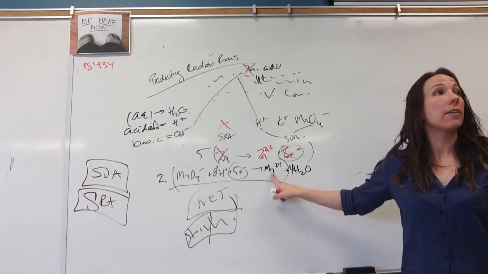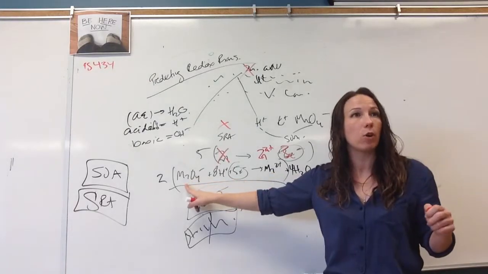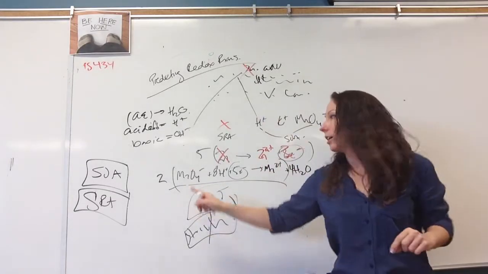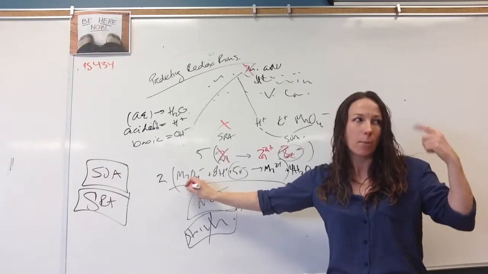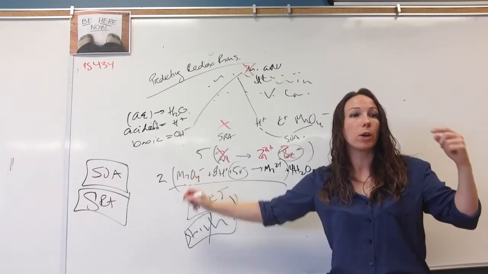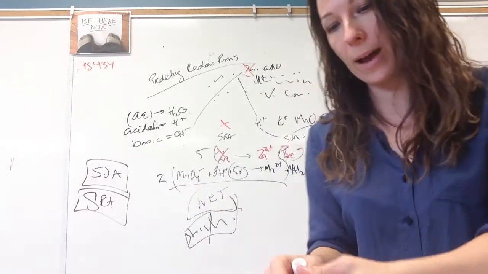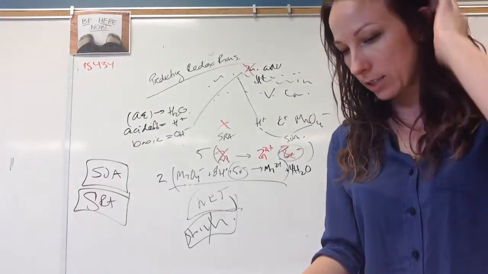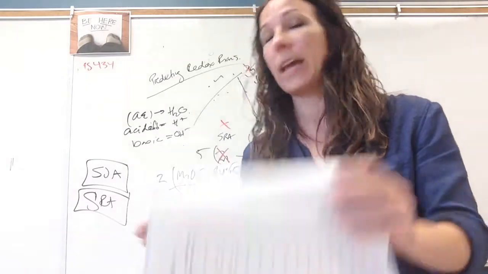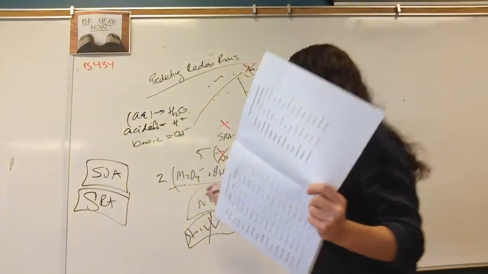Mn2 plus, does that have a color that might be different from the Mn4 plus? Ding, ding, ding. You can look up the color of Mn4 plus, but you should know. Where do you look it up? In the data booklet, at the back. Yes, page 11. Purple.